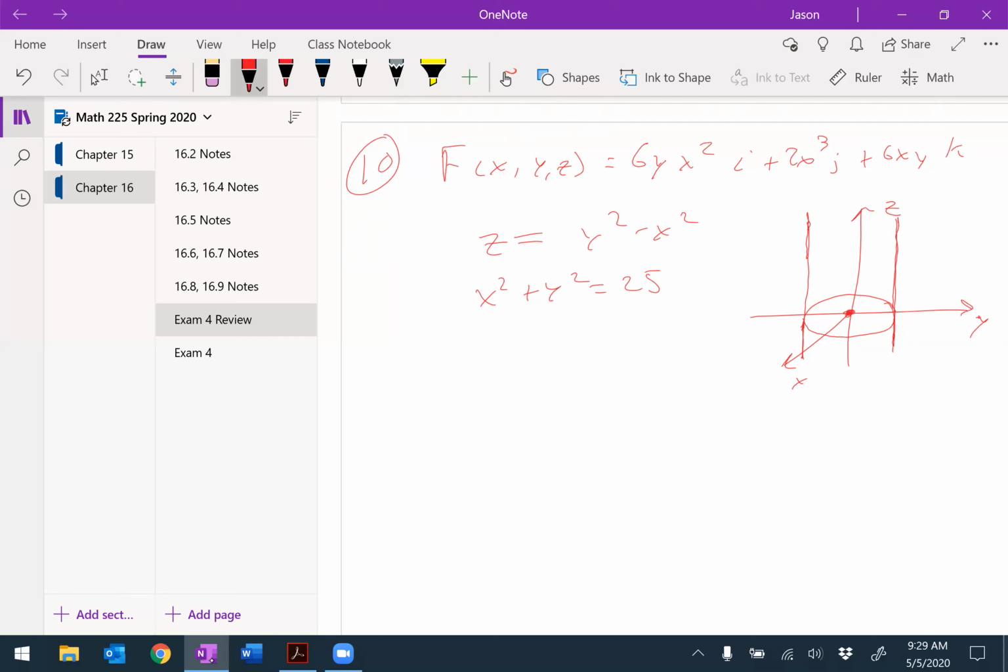If y is bigger than x, then z grows. If you let z be a constant, you can see that's a hyperbola, and so we get this kind of hyperbolic paraboloid shape that looks like that.